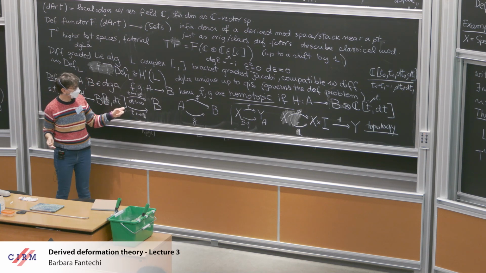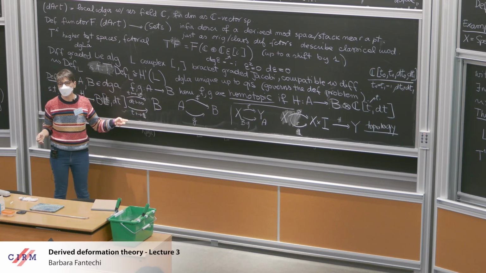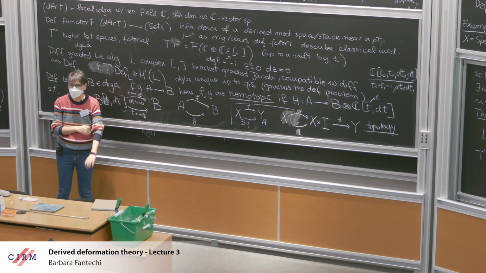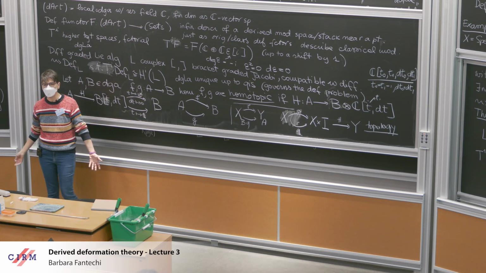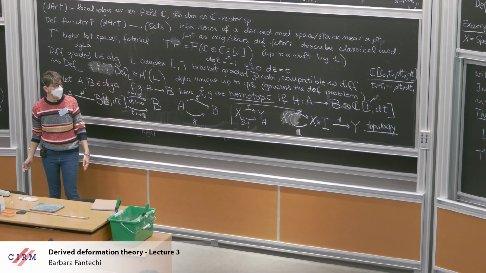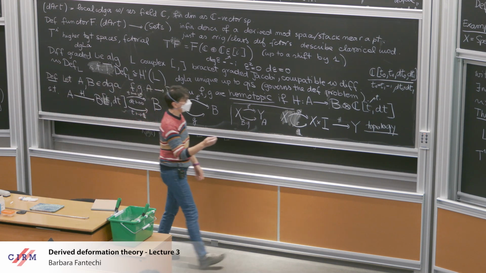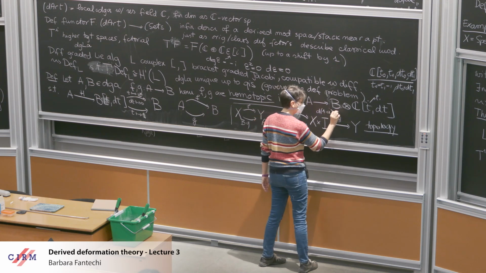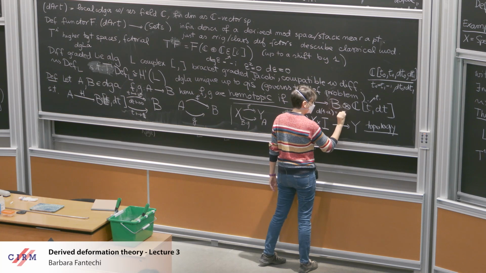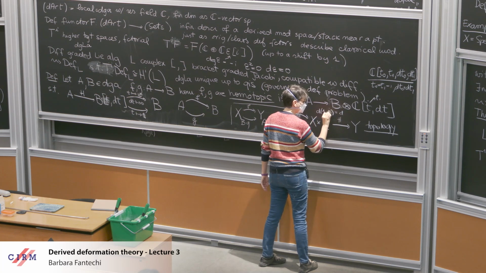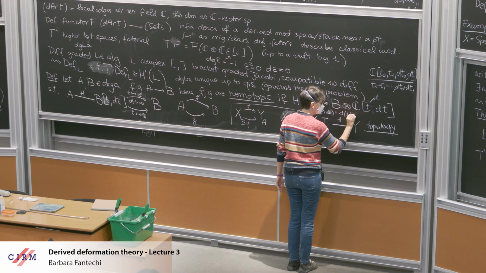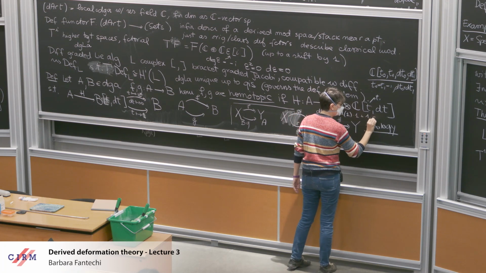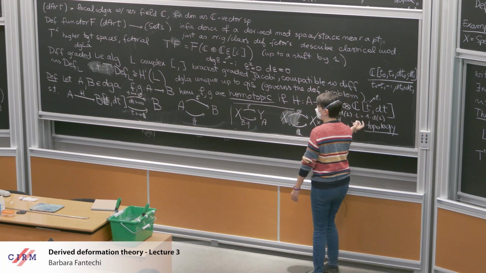Oh, I see. And so this tells you, it's actually a consequence of the axioms that the differential of 1 is 0, right? Because you have that the differential of 1 times a is the differential of a, and so it has to be 0.